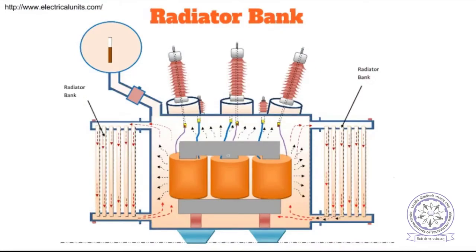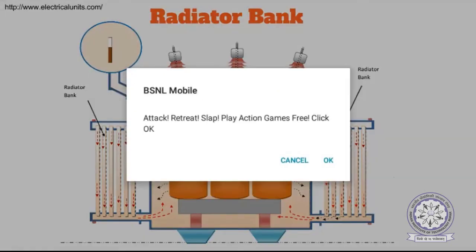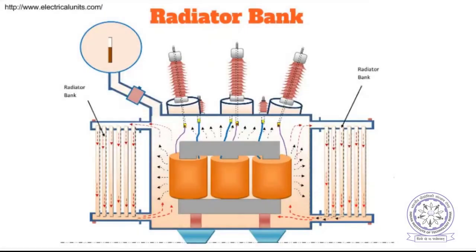The heat generated inside the transformer, because of the huge power level, right? Even if you have a normal power rating and very small resistance of windings, still the I square R losses are so huge that they can raise the temperature beyond 90 degrees centigrade if there is no cooling.